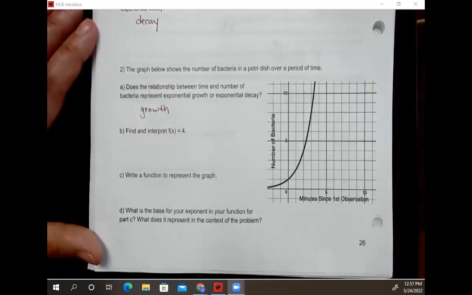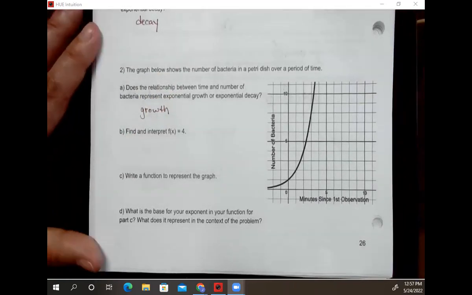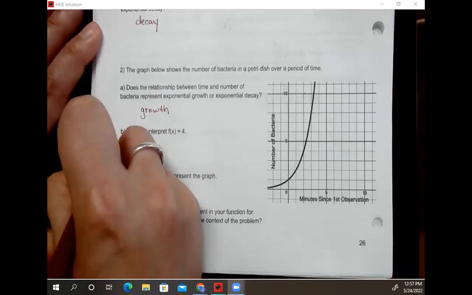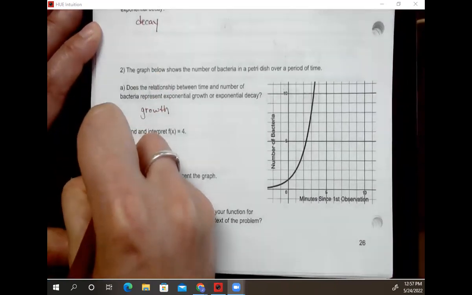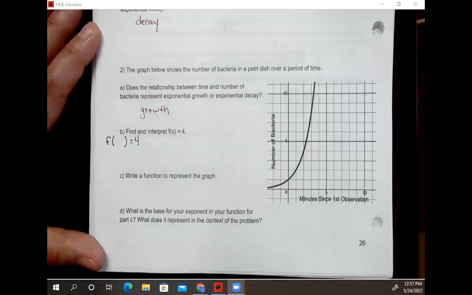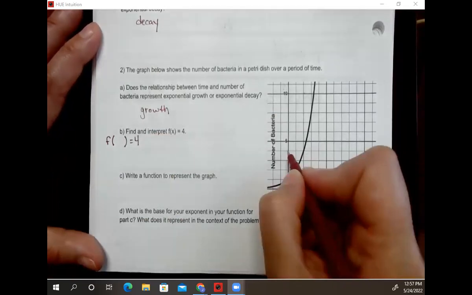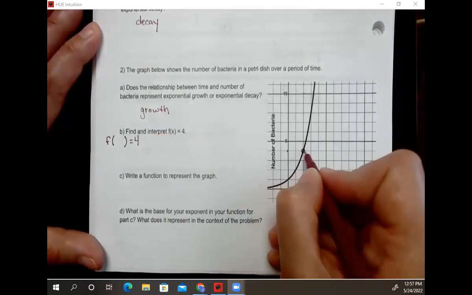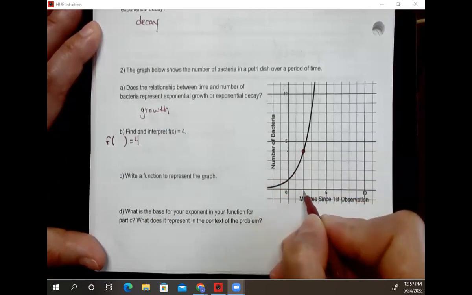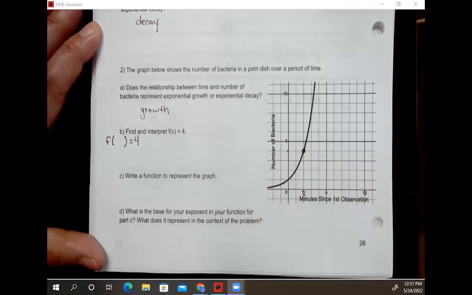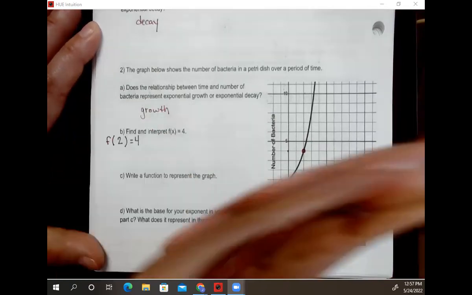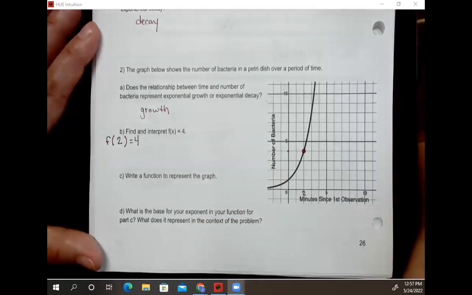Part B, find and interpret f of x equals 4. So this time I don't know the x. That's what I'm trying to find. I know my y value is 4. So I'm going to go to where y is 4, follow that to the point on my graph, and then see what the x value is. So our x value here would be 2. F of 2 equals 4. What does that mean in the context of our problem?